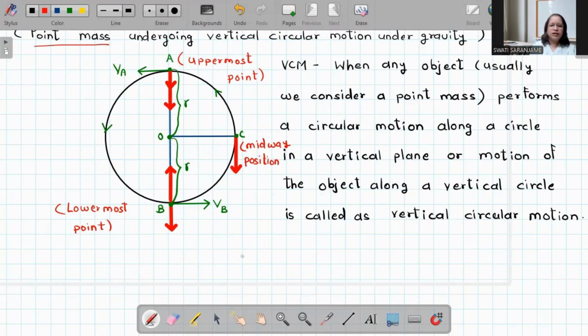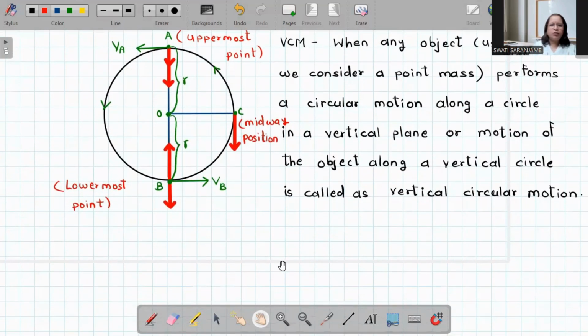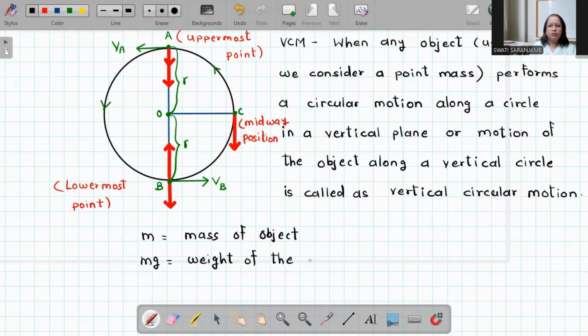Here we are considering, let that object or the point mass has mass m. So m represents the mass of the object. Obviously, mg represents the weight of the object. And you all know that weight always acts in vertically downward direction.